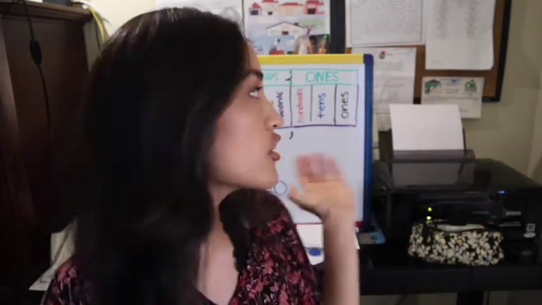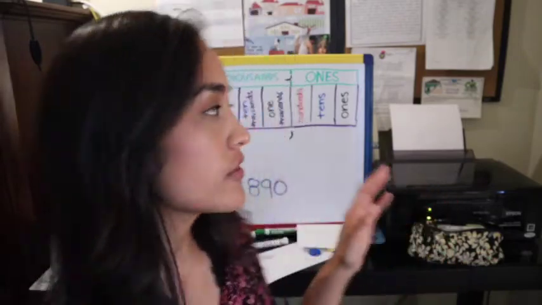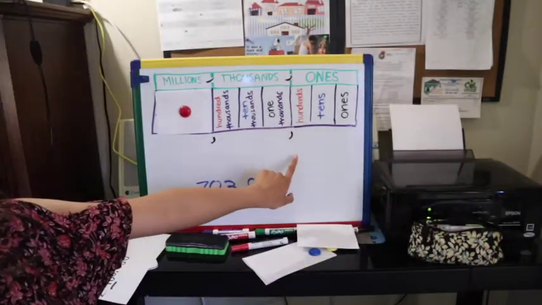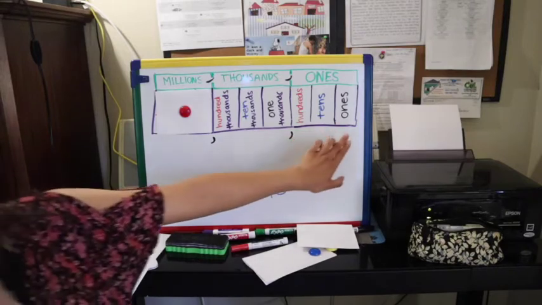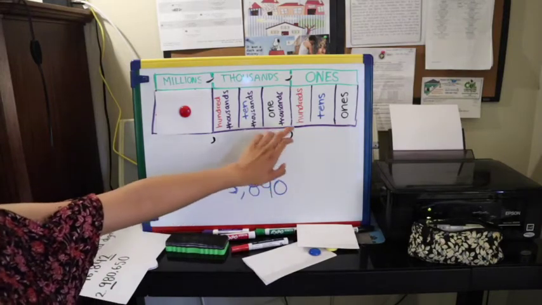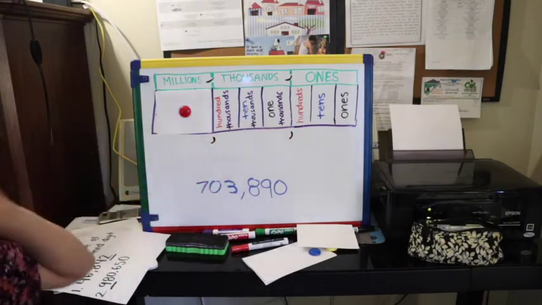Now I'm going to give you a number and I'm going to underline a digit in that number and tell you how to figure out what the value of that number is, and I'll show you what I mean right over here. Oh, I also forgot to mention that in between each period there is a comma. So comma here, so every 3 digits you put a comma. 1, 2, 3, and then a comma.